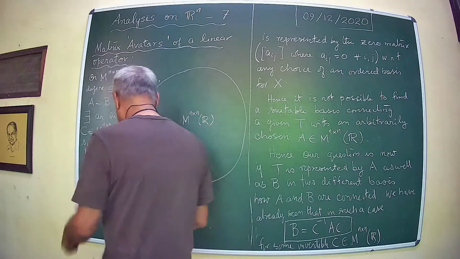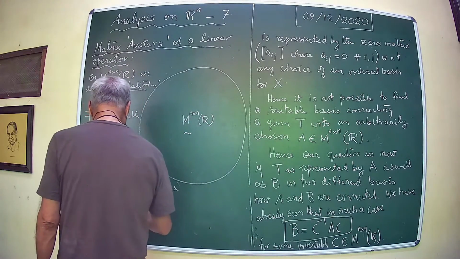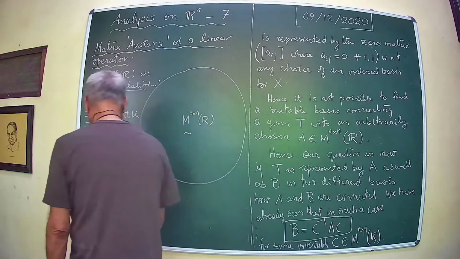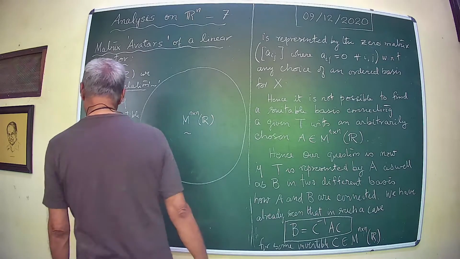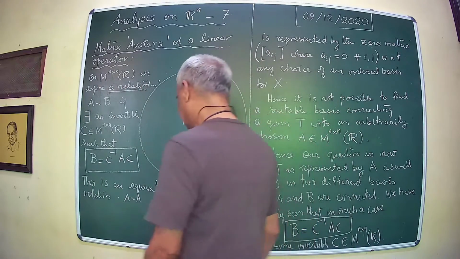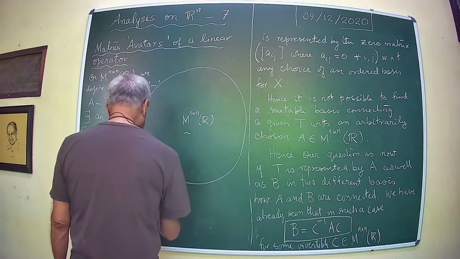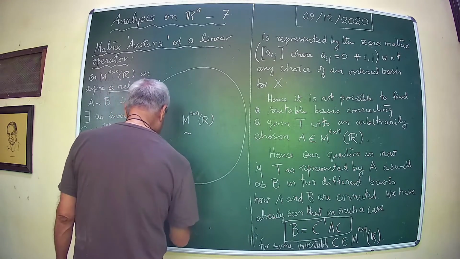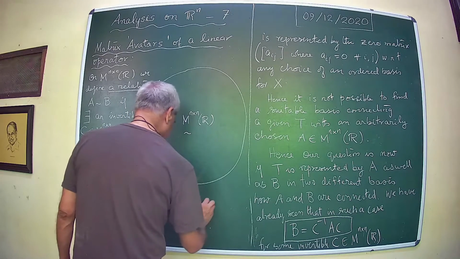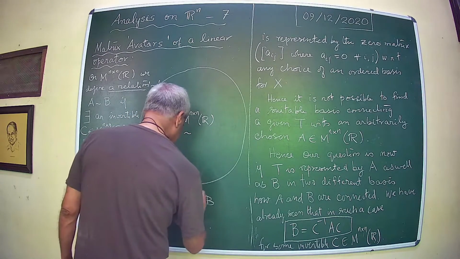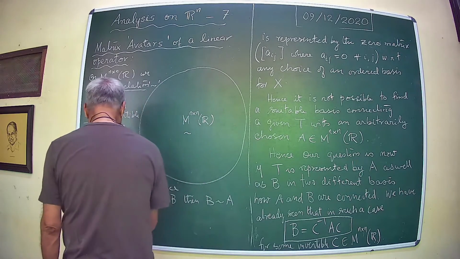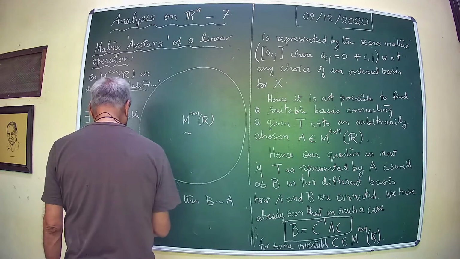First you verify that A is related to A. All that you need is to use C as the identity matrix. Now if A is related to B, then B is related to A. That's one statement. This is reflexivity.